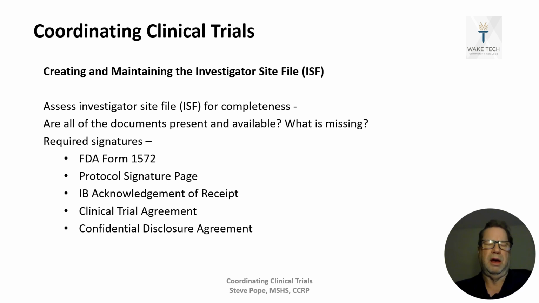But all of these documents that you see listed here must be signed and dated. You can't proceed on the trial until that's done. And these are documents that your IRB is going to have to review as well. So you need to be very familiar with them, and most of these are going to be included in your initial IRB submission when you get started on your trial.